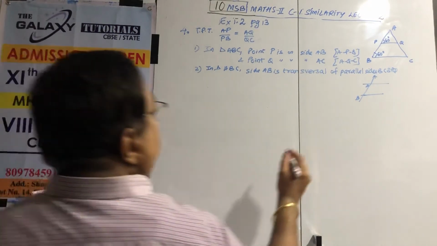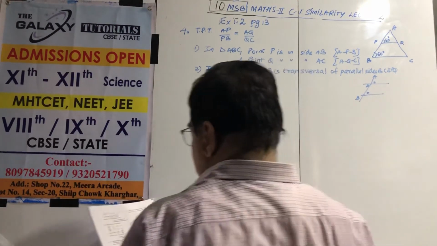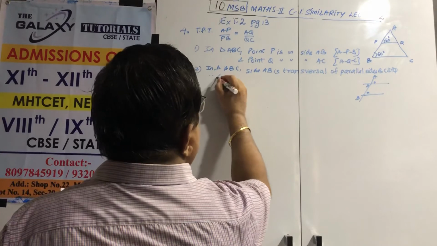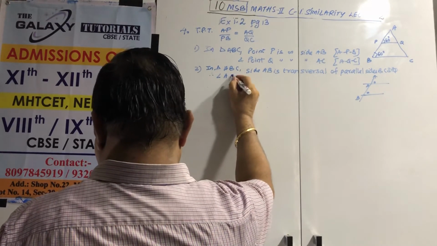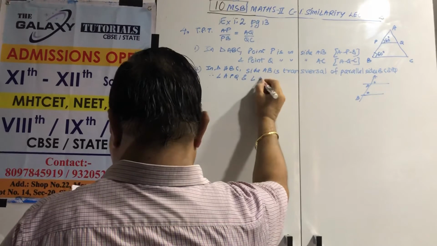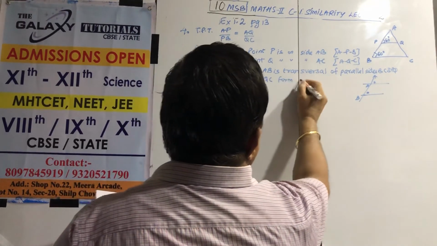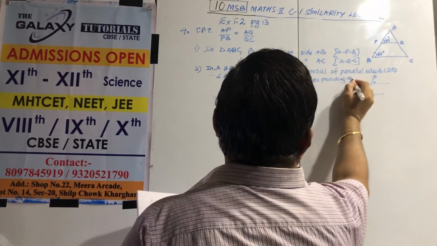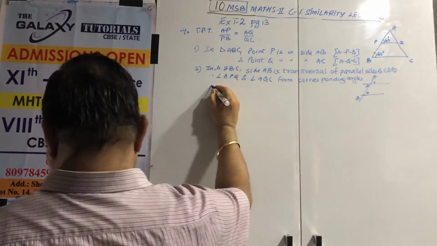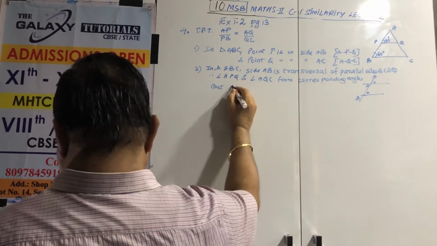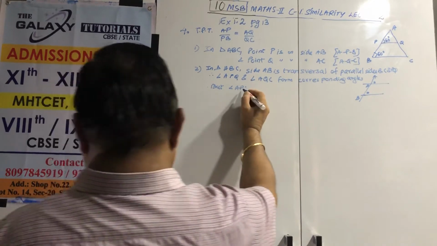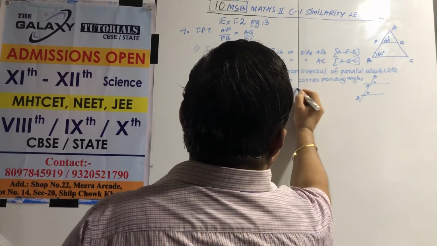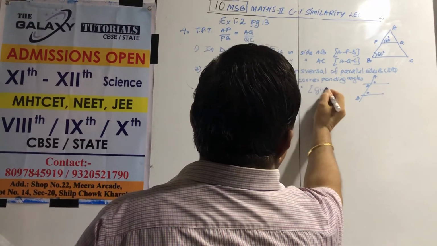Therefore, as you will see, these are corresponding angles. Therefore, angle APQ and angle ABC form corresponding angles. But angle APQ is equal to angle ABC, that is 60 degrees, given in the diagram.